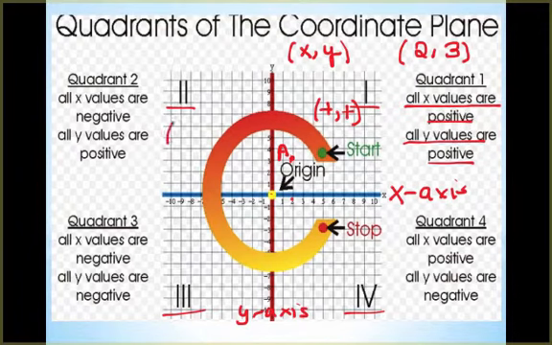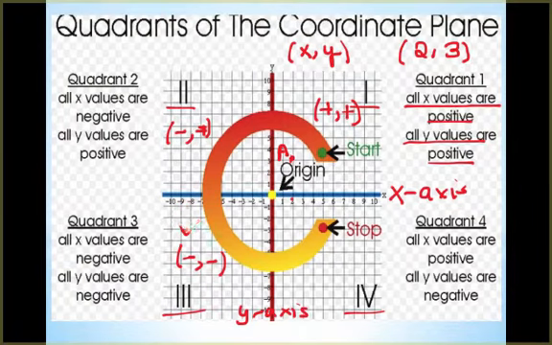In the second quadrant, our x numbers would be negative because we'd be going to the left, and our y numbers would be positive because we'd be going up. In our third quadrant, our x's are negative because, again, we're going left, and our y's are negative because then we would be going down to get into the third quadrant.